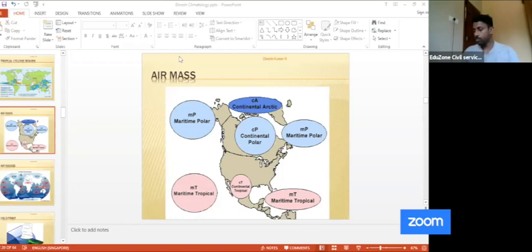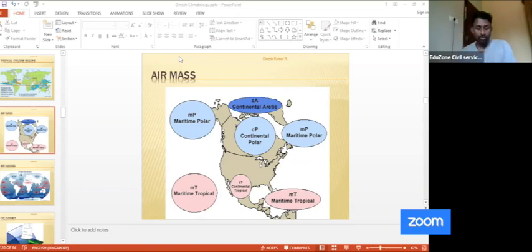Clear? Okay. Next, I said we will be dealing with two words here. What are these two words? The first word is frontogenesis, and the second word is frontolysis. So please understand these two words clearly.